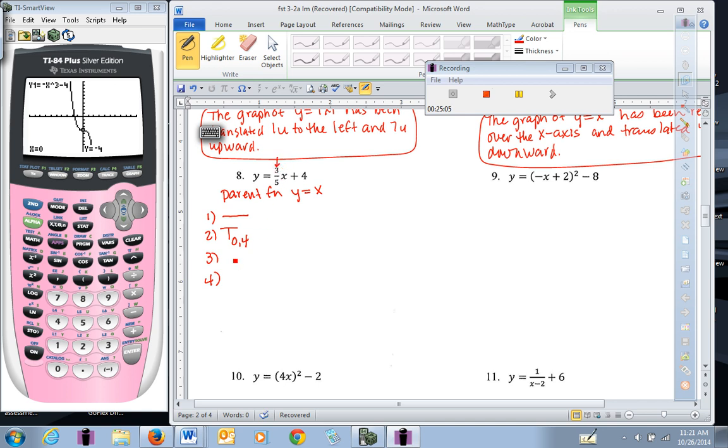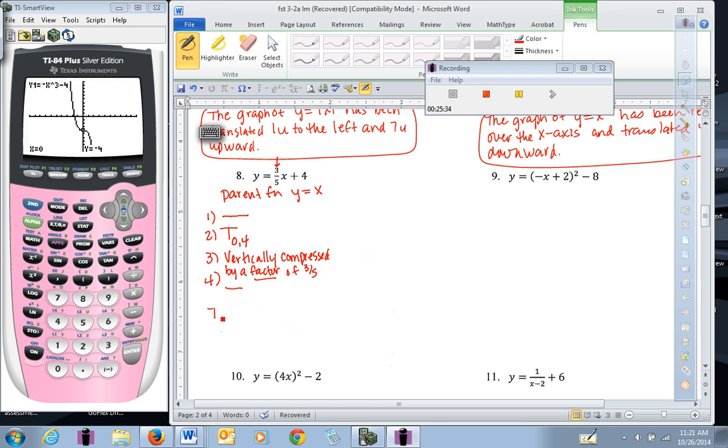So since it's technically outside the grouping symbol, since there is no grouping symbol, we're going to say that we have this vertically. And then remember, if it's a fraction between 0 and 1, it will be compressed. And then that would be by a factor. We're multiplying, so it's a factor of 3/5, and then no reflection over the y.